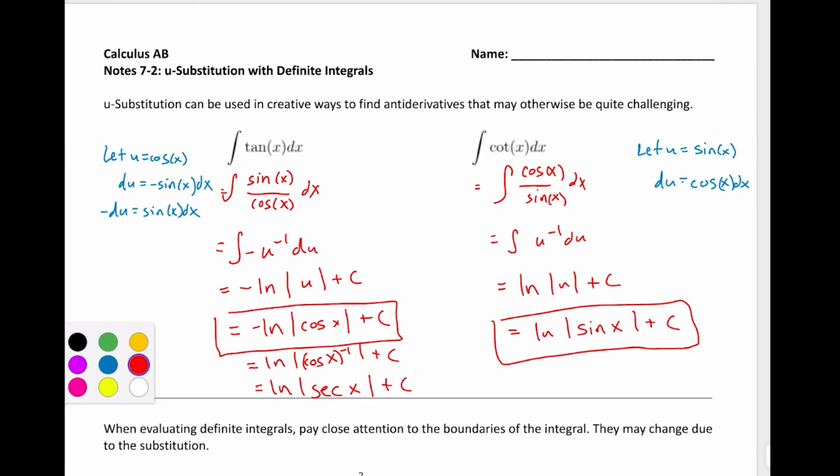Why do you use absolute value instead of just regular parentheses? So this is something we talked about back when we originally went over this one, is that the domain of 1 over x is all real numbers except for 0, but the domain of natural log is only positive values.